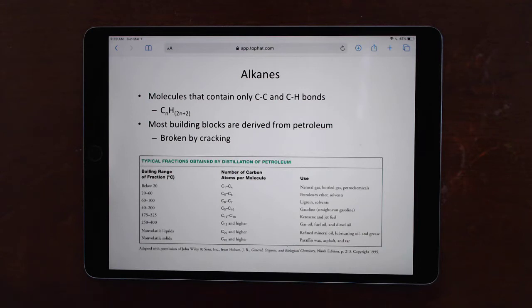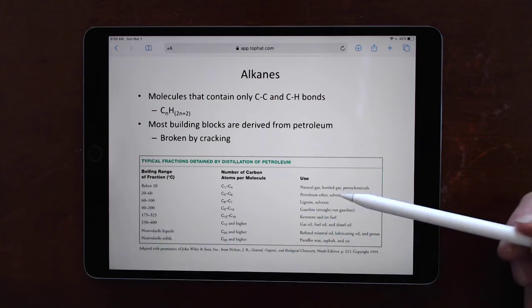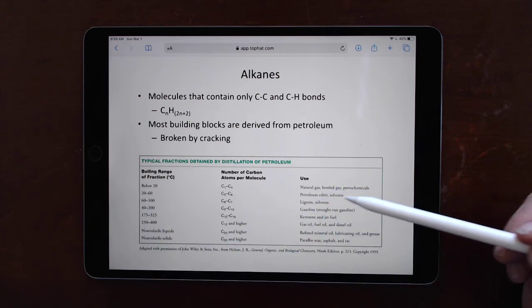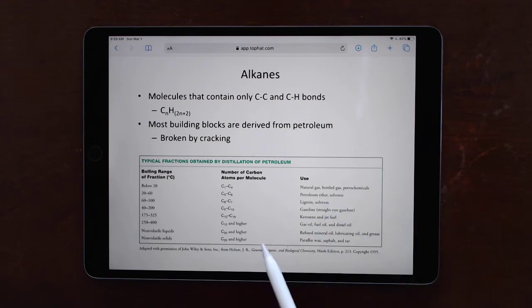Depending on where they boil, you can get different fractions, and these fractions are used for different things. If they boil at really low temperatures, you would use it for natural gas. As it goes up, they become less volatile. So petroleum ethers, solvents, or the gasolines usually, and that's the 40 to 200 range.